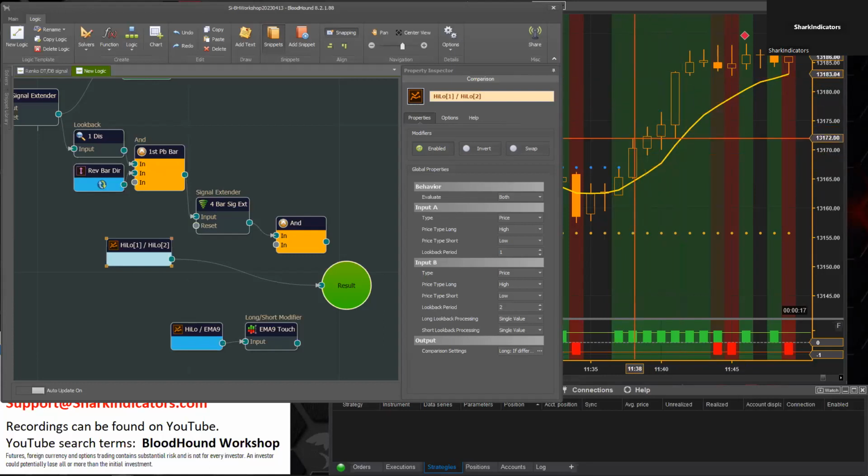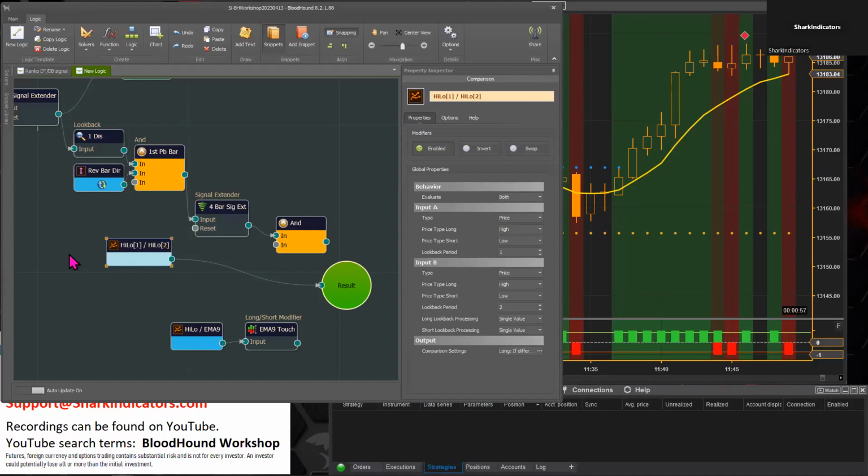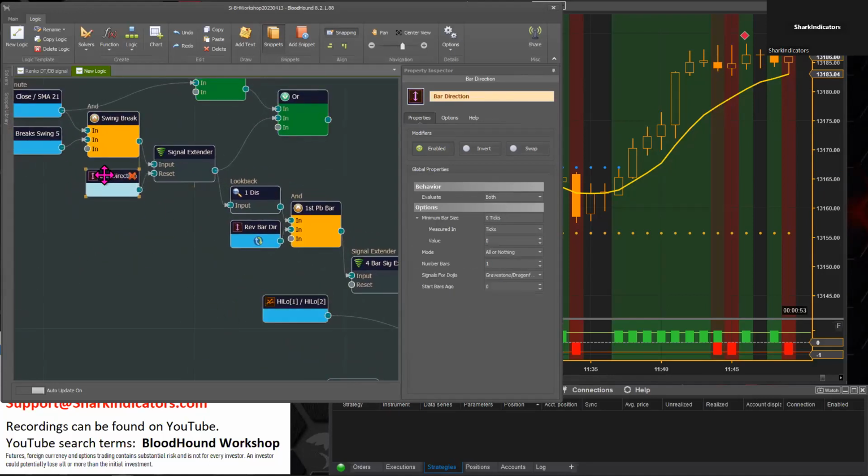So ultimately, this is a potential long signal being generated. If this smooth pullback is violated, I'm going to generate a short output to turn off the signal extender. That way I keep in context with the reset signal back here.